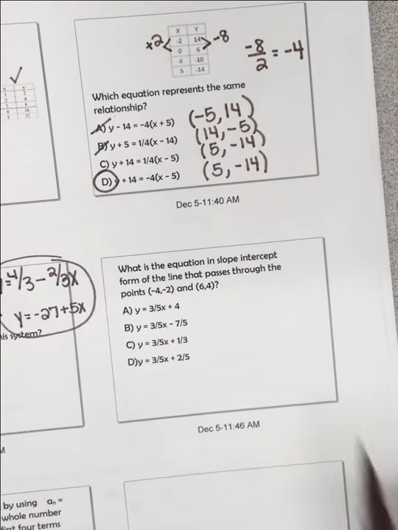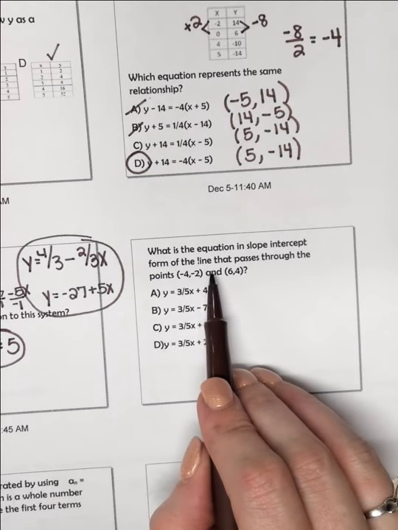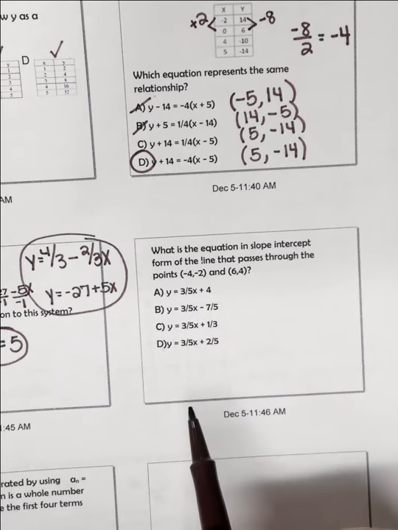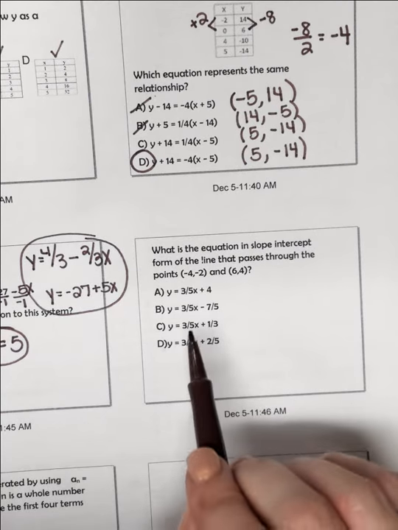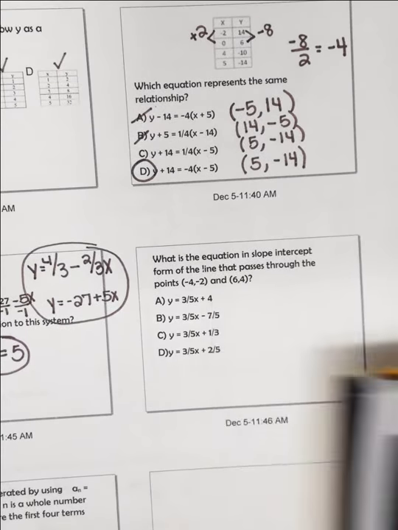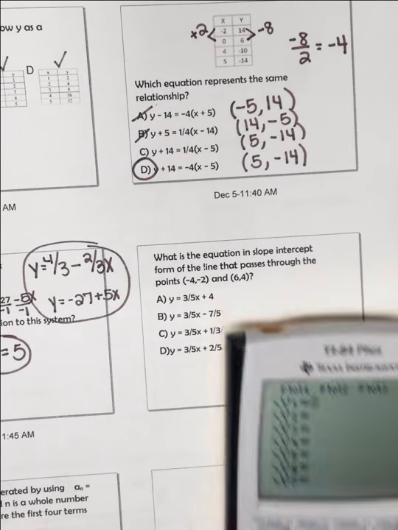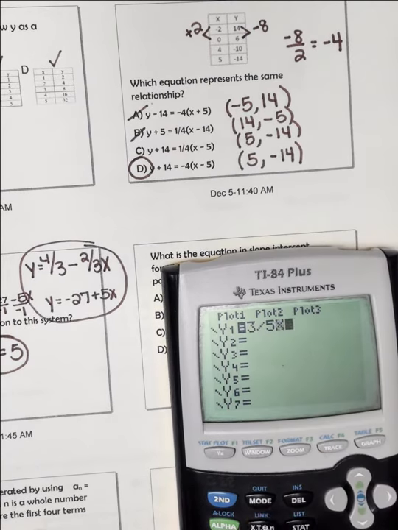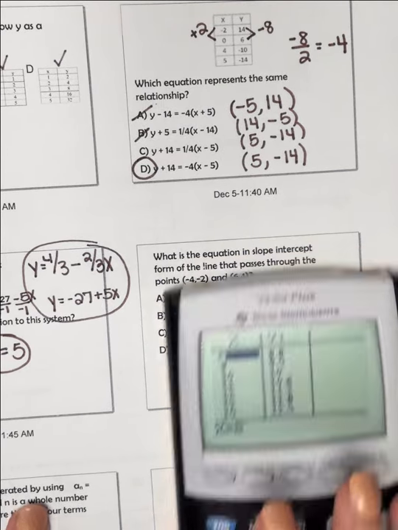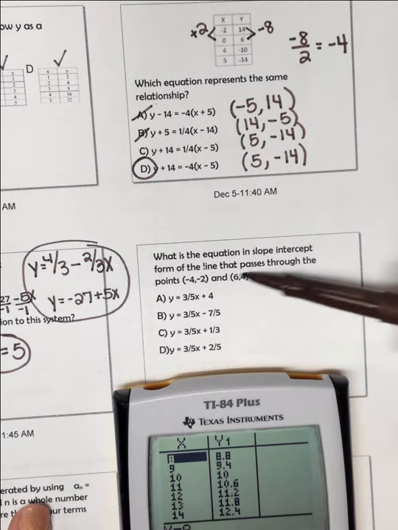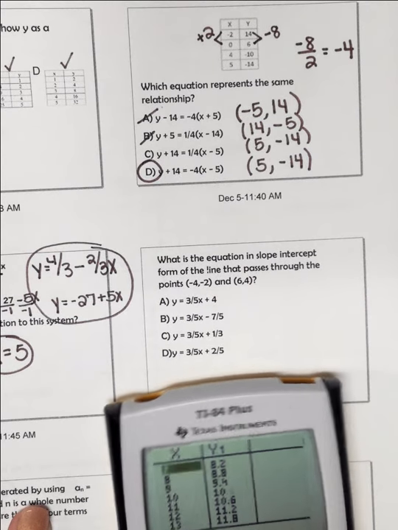Here, what is the equation in slope-intercept form of a line that passes through these 2 points? They are giving us equations. If they are giving us equations, you better use them. Go to y equals, let's type in that first equation. 3/5 x plus 4. According to this, it should have these 2 points, negative 4, negative 2.